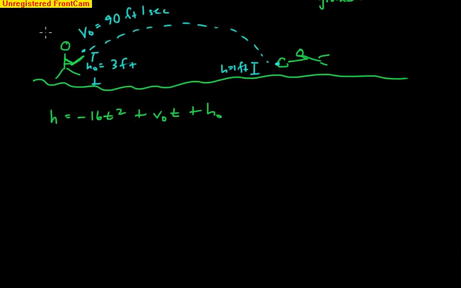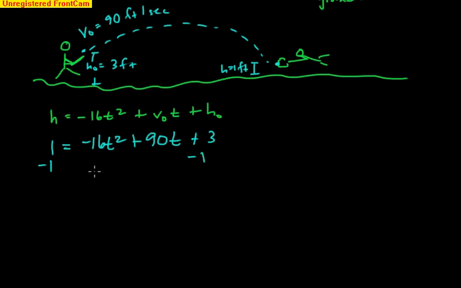So I'm going to scroll down because I just need the picture and this formula. When I fill in the numbers, we'll use blue. The final height is h1, negative 16t squared plus v sub 0, the velocity, 90t. Don't forget that t, plus the initial height of 3. Now, I want to make one side 0. I know that t squared is negative, but leave that alone.